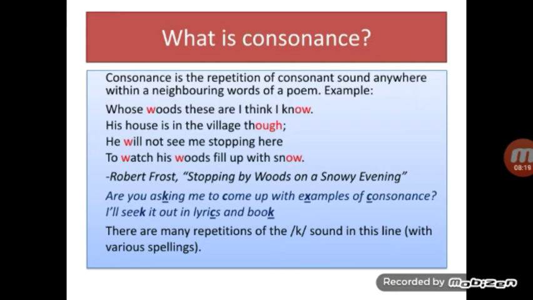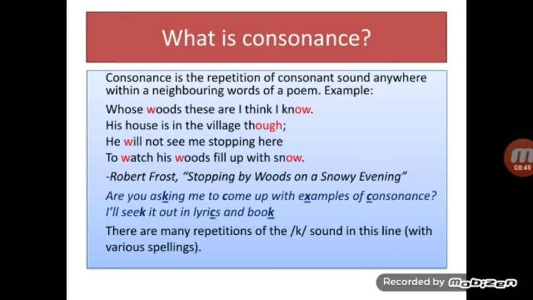There is a really clear-cut demarcation line between consonance and alliteration. Consonance is the repetition of consonant sound anywhere within neighboring words of a poem. We should be clear. Let me repeat it again: consonance is the repetition of consonant sound anywhere within neighboring words of a poem.